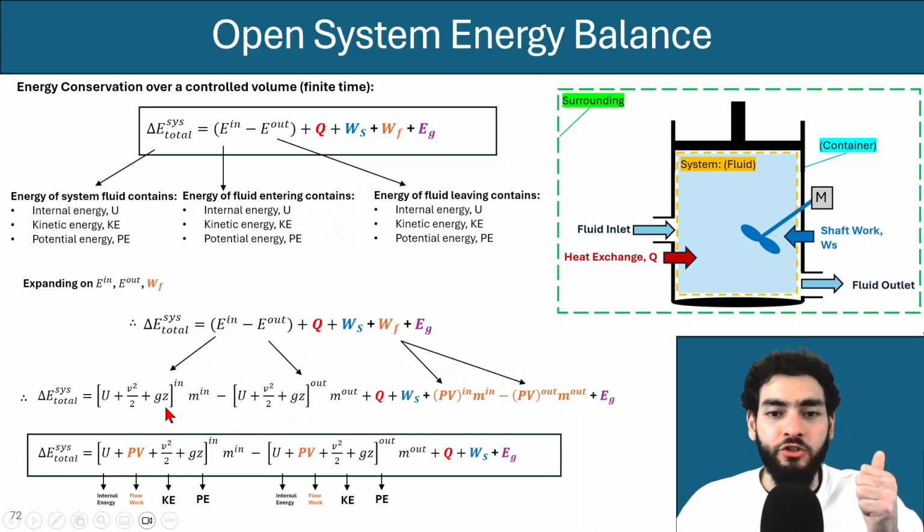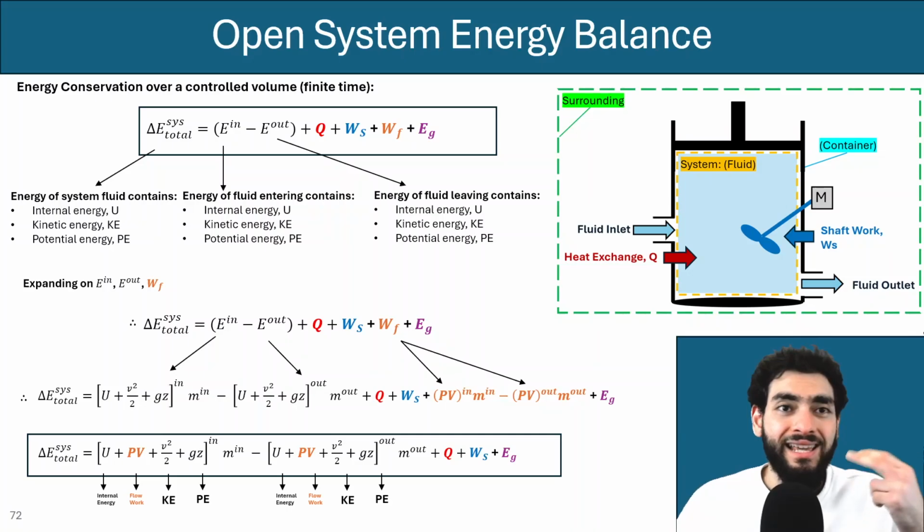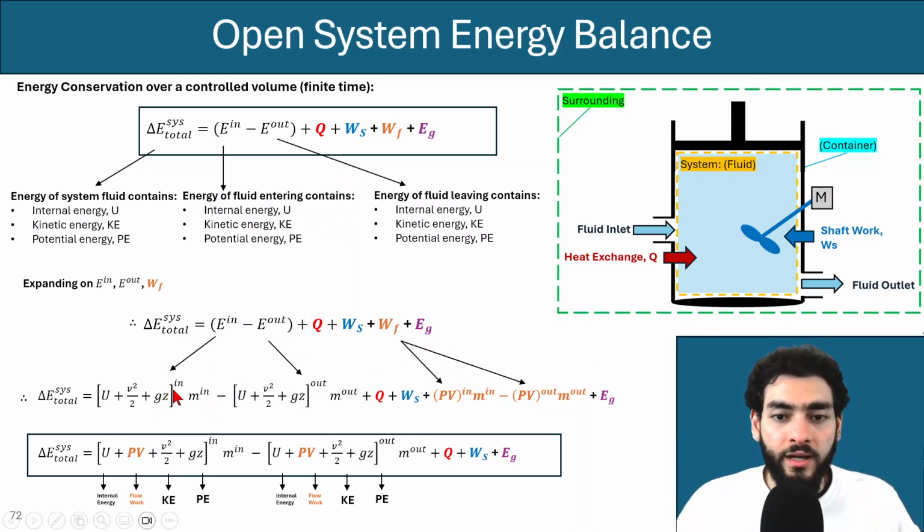And we said the most relevant potential energy term for most heat transfer applications is the gravitational field, and that's why I have just the gravity potential energy over here reflected in the fluid's potential energy. And you multiply all of that with the mass coming in, and you subtract the energy leaving with the mass, which is also the internal energy of the fluid, plus the kinetic energy of the fluid, plus the potential energy of the fluid, multiplied by the mass of the fluid that's leaving the control volume.